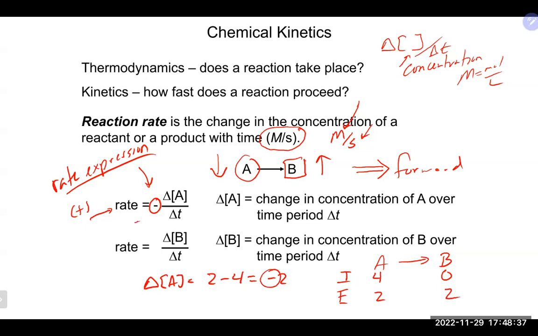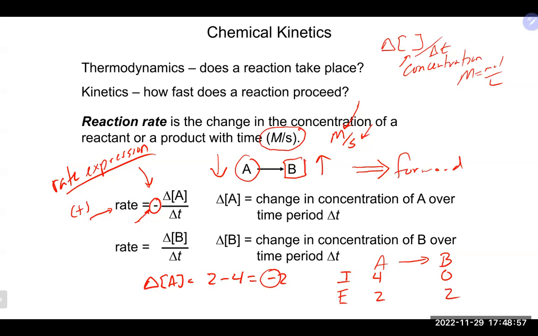So that minus and that minus will come together to make the rate overall for the reaction become a positive number. So that is really why the negative value is there for any reactant, because they should be decreasing with time. We do not see that when we get to the product side because they should be increasing with time.